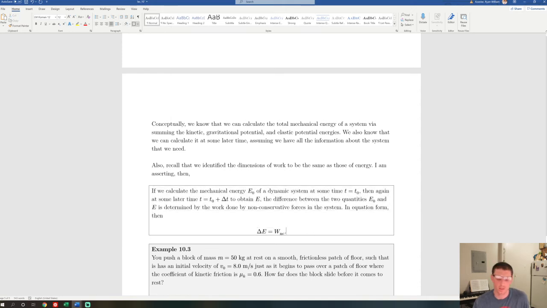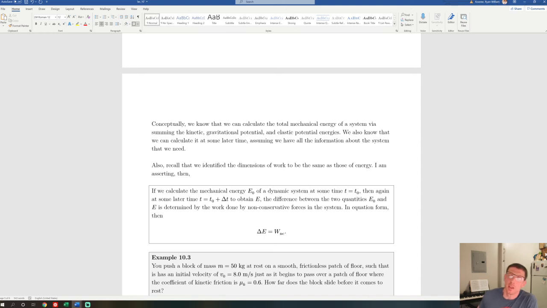And notice, right, that the expression that we had for conservation of mechanical energy in a system where we had no non-conservative forces doing work actually falls out of this equation, right? Because in that case, we have delta E equals 0, right?